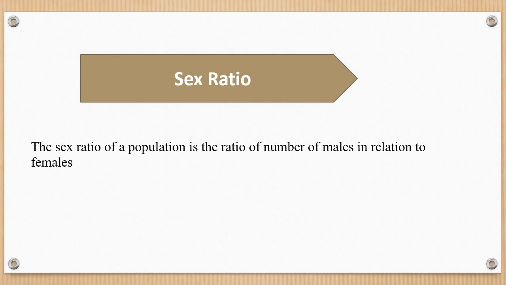Immigration is another factor that affects the sex ratio. Immigration means entering the population. If males enter a specific locality, the number of males in that locality is going to increase. If females enter the population, getting transferred from somewhere else, that again impacts the sex ratio of that locality.